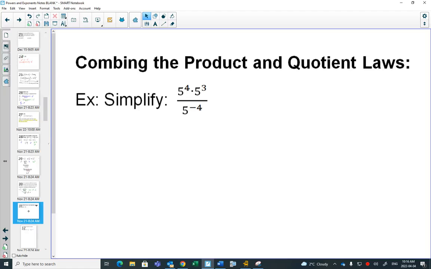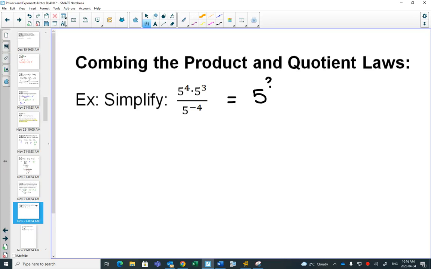Multiplying and dividing. How many 5s would there be in the end? We need to know the exponent.